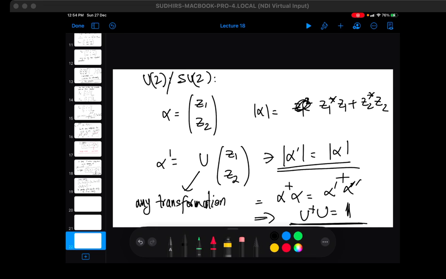There are 4 conditions, and another condition comes from the determinant. For any unitary matrix the determinant would be plus or minus 1, but if I choose the sign of the determinant to be plus 1, that gives me one more condition, which gives me 3 free parameters.